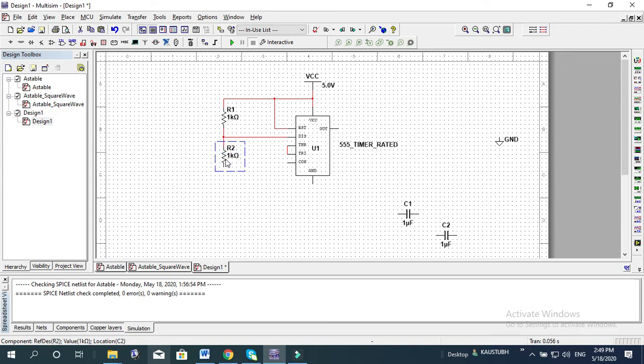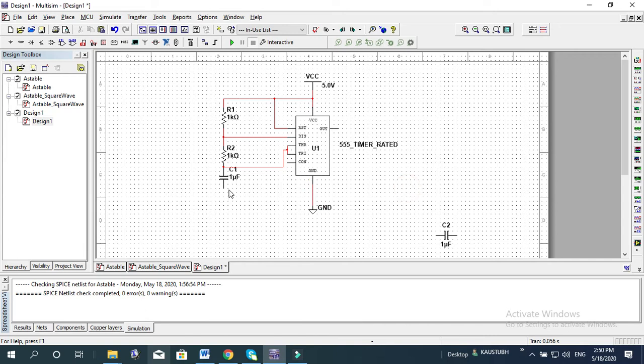Along with this, then a capacitor. So I am rotating it again. So this capacitor is connected here. Then there is a ground connected here.